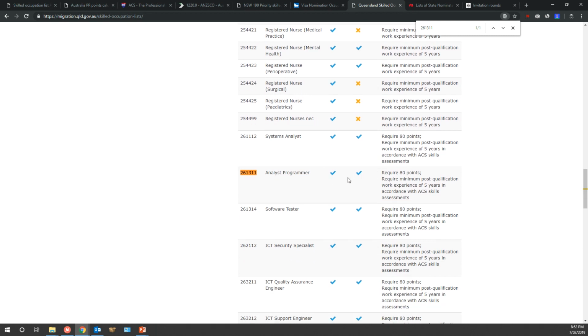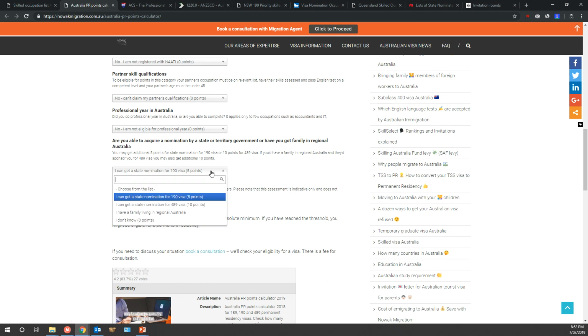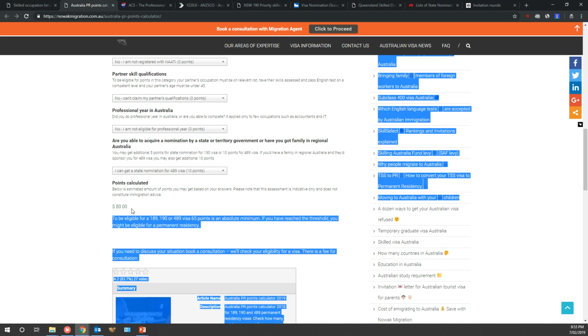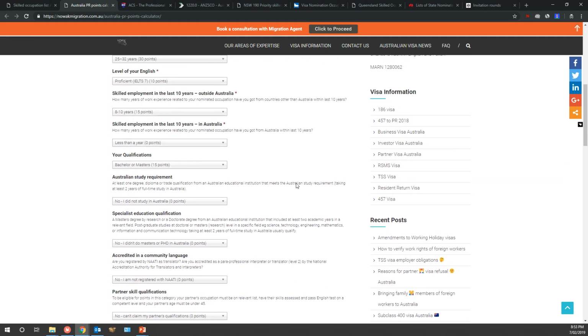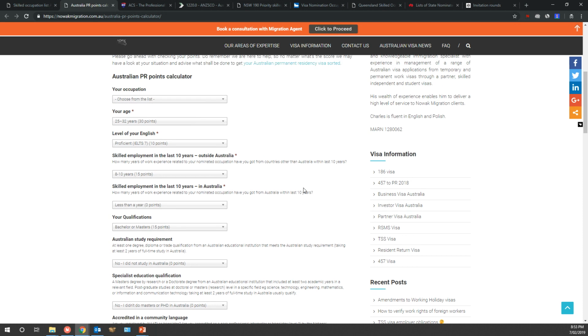Both are being nominated by Queensland. Let's say 489, you can get 80 points, all right? But to get 80 points, again, IELTS 7. So do your maths, have a look.